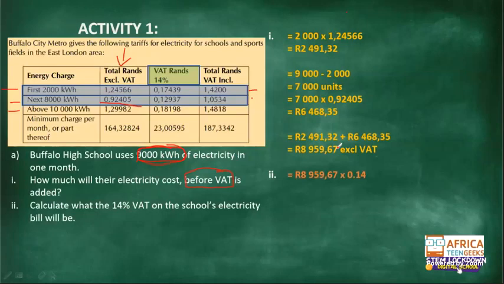So we're just going to multiply the total with 14 over 100. And what does that give us? 8,959 times 0.14. Remember 0.14? That is just 14 over 100.